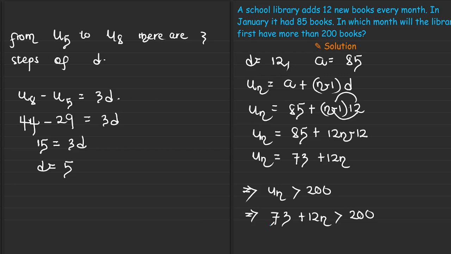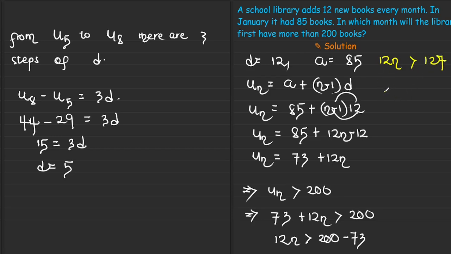This inequality. So making our n the subject, we are going to keep our 12n on the left-hand side. Then it's greater than 200 minus 73. Simplifying, we have what? 12n, which is greater than 200 minus 73, which gives us 127.